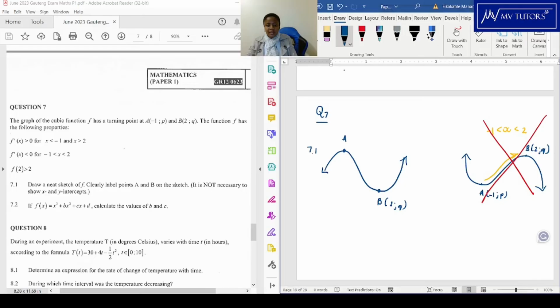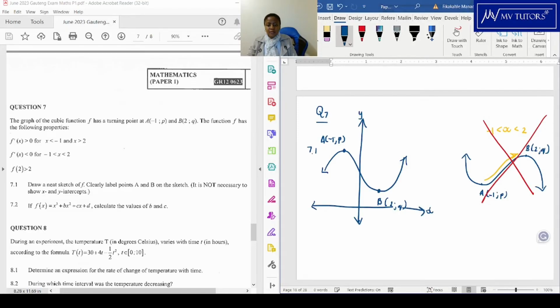So if this is -1, -1 in P, and that is A. So the y-axis is somewhere around here. And the x-axis, because we know that at this point where x is 2, the y value is bigger than 2. Okay, so the x-axis is somewhere there.